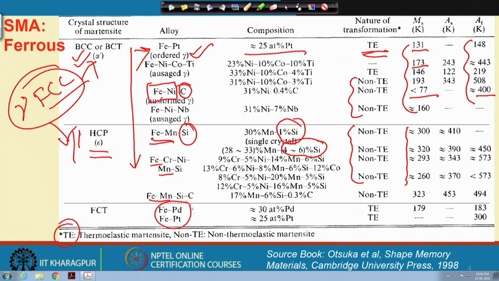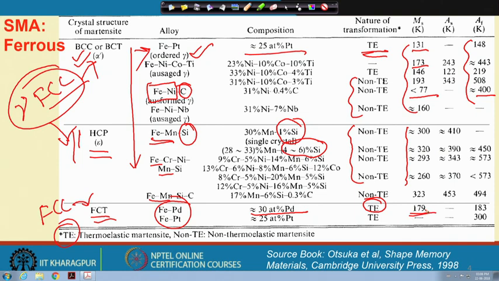The third system, where a martensite has a structure of face center tetragonal, means from FCC austenite it transforms into FCT, and here also let us say 30% palladium is involved in this alloy, and here these are thermoelastic in nature, and also the temperature is rather low.